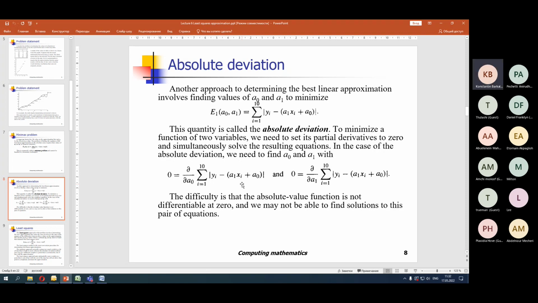I can write this function to minimize. I can write the system of equations that should be solved, but I cannot solve it because the absolute value function is not differentiable.